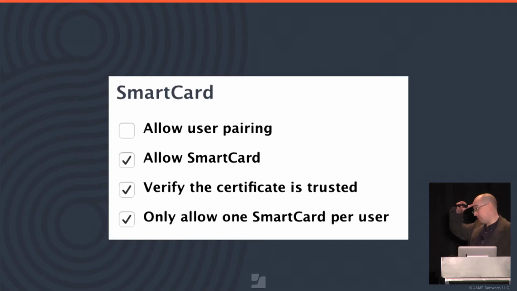And the interesting one at the bottom here is only allow 1 smart card per user. Why you would want to have more than 1 card paired to a user, I'm not entirely sure. I understand there's some organizations that have multiple identities on each card. But if you want to have 1 identity per user, that's the option you take.